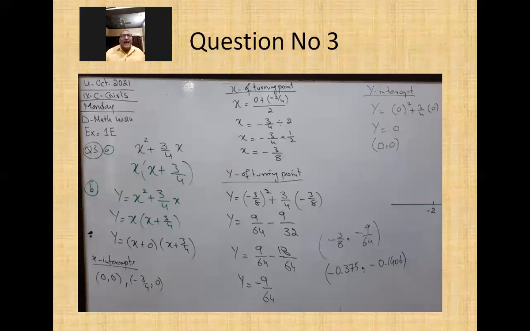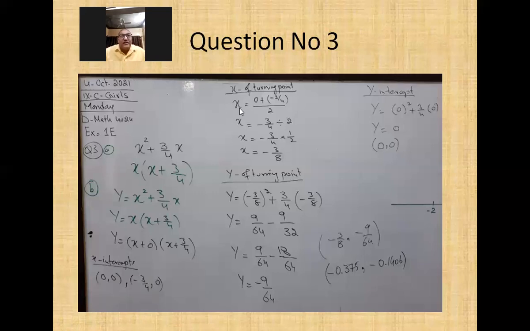Once you know the x-intercepts, the next thing we find is the x coordinate of the turning point. You add the x-intercepts and divide by 2, and that will be the x of the turning point.